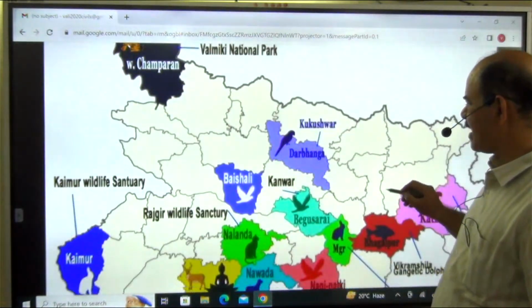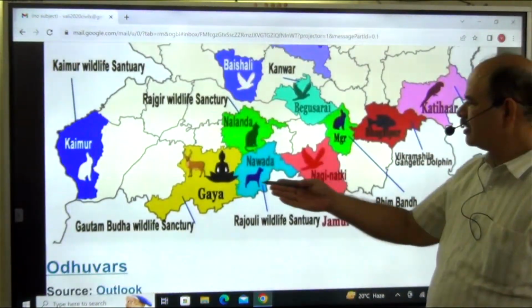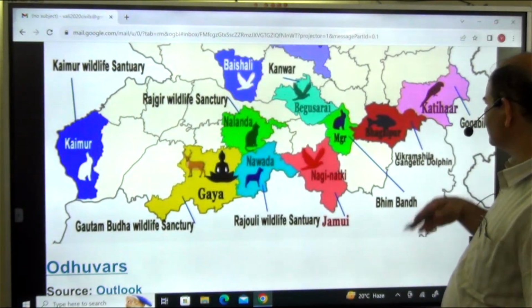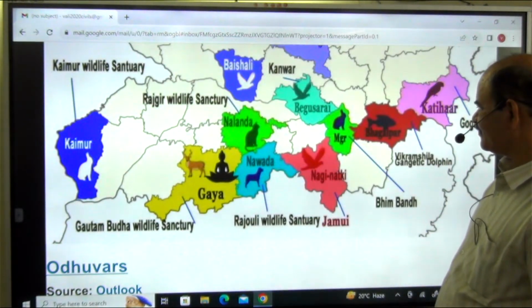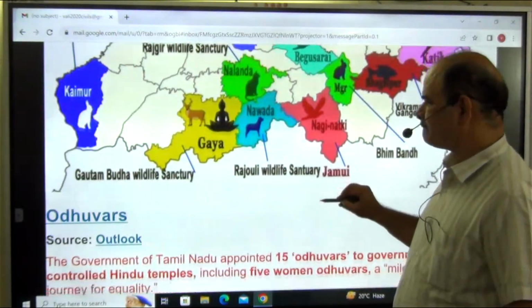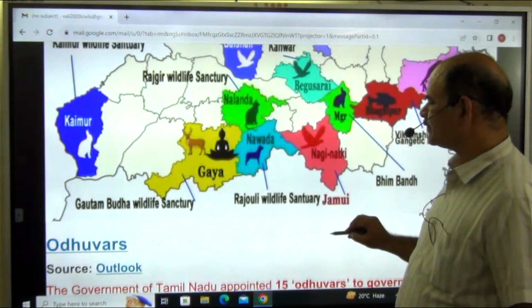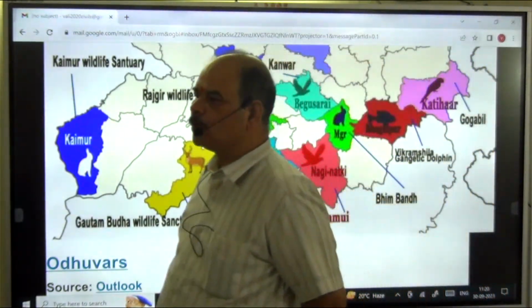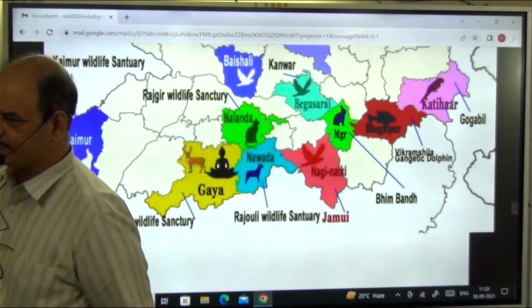Yes, this is the map. Bodh Gaya, Nalanda, Vikramasila. Who is the founder of Nalanda University?